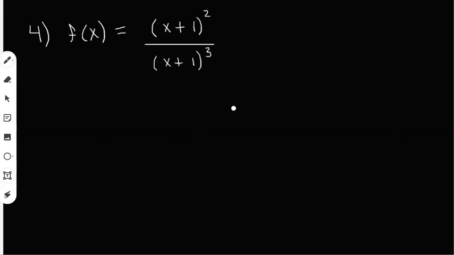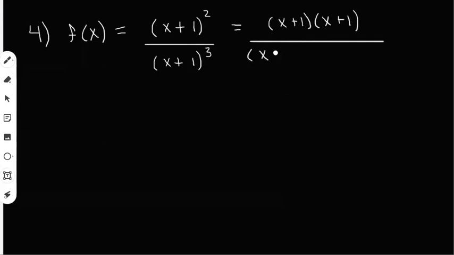It's technically already factored. Now, if something is squared, that means that I can write it twice. So I'm going to write x plus 1 twice on the top. On the bottom, I have x plus 1 cubed. That means that I can write it out how many times? I can write this out 3 times. So I'm going to do it that way, just to illustrate a point.